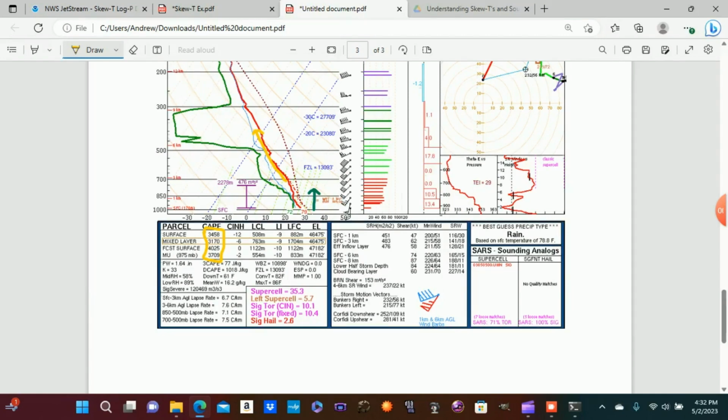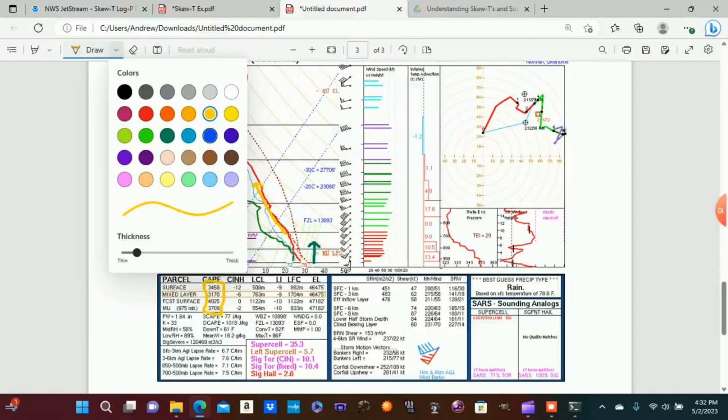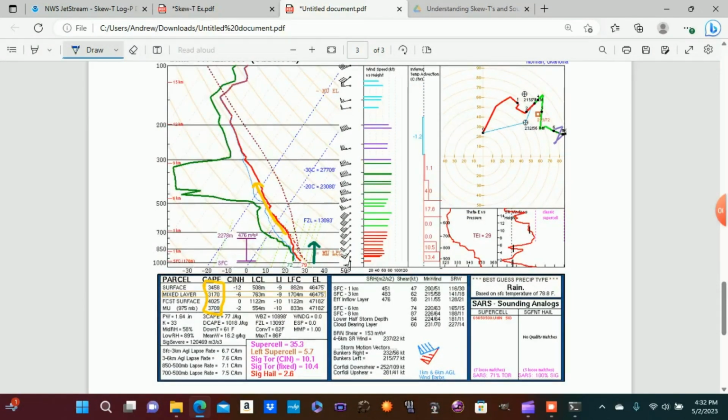And so switching gears to our wind profile, we have our environmental winds here, and this is what we call a veering wind profile, which shows your change in wind direction from east to west. And so these wind barbs here, these are wind vectors. And so the direction that your wind barbs are facing, that is the direction that the winds are coming from.